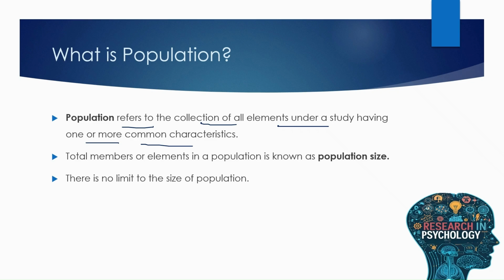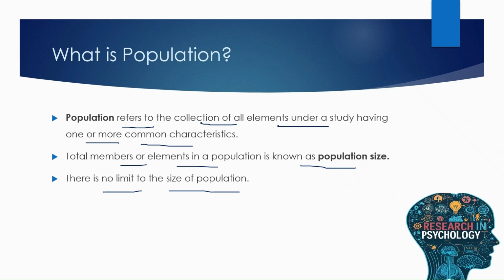The same way, in a research, all the units that come under the ambit of your study are the population, and the total number of elements in a population is known as the population size. All right, and there is no limit to the size of a population. It can be anything.